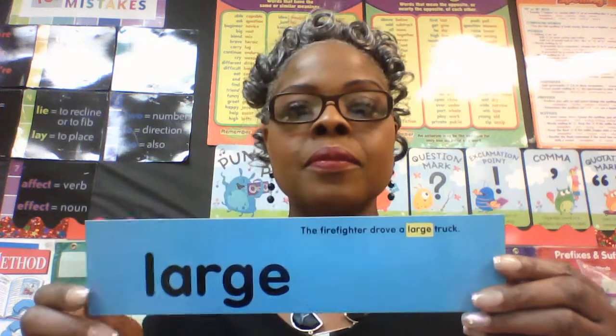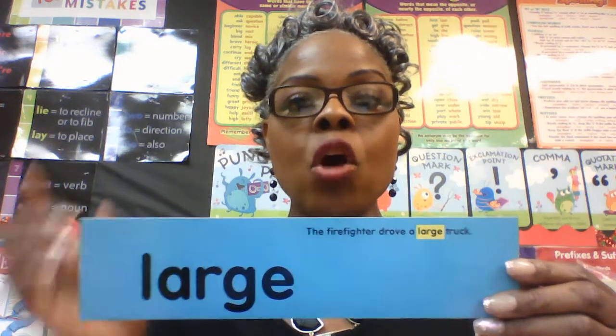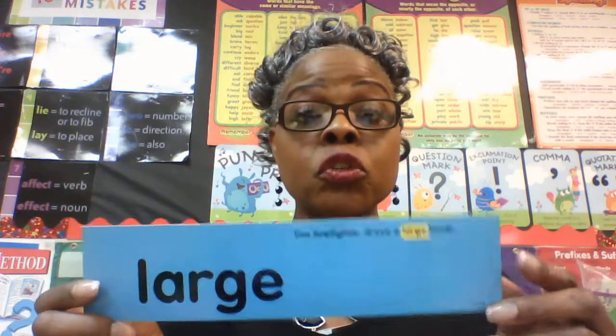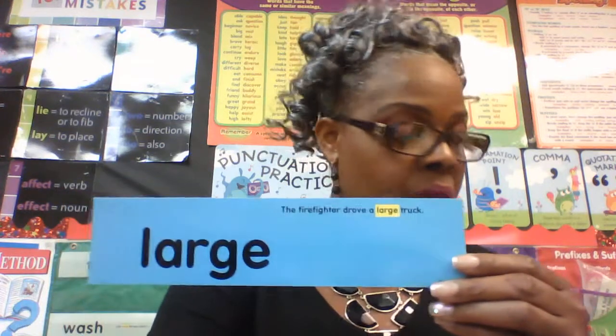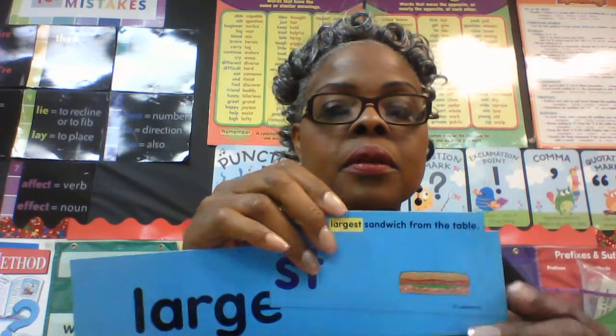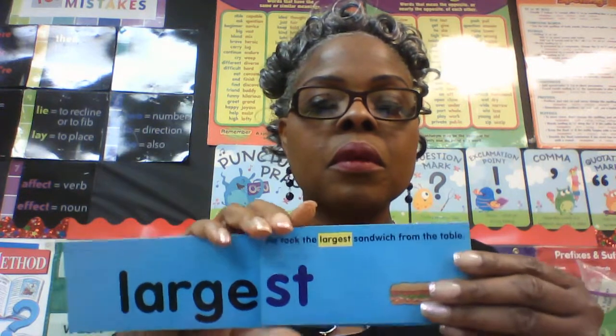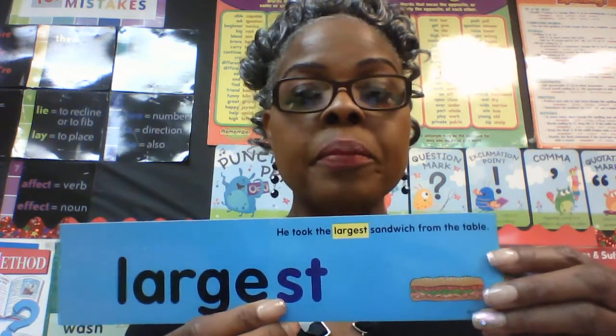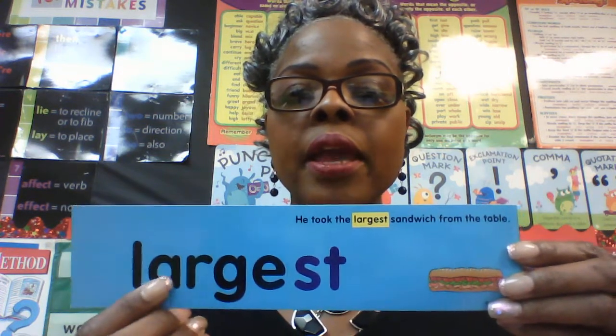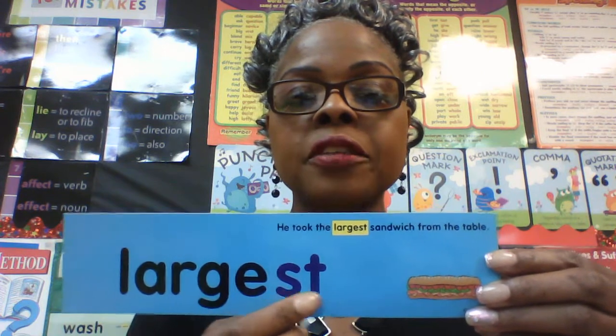Good. I always have to remember my second language learners, my ELLs. Let's add ST. Okay, now we're going to just add ST to the word. We're going to compare two or more things. Look at the spelling. Largest.